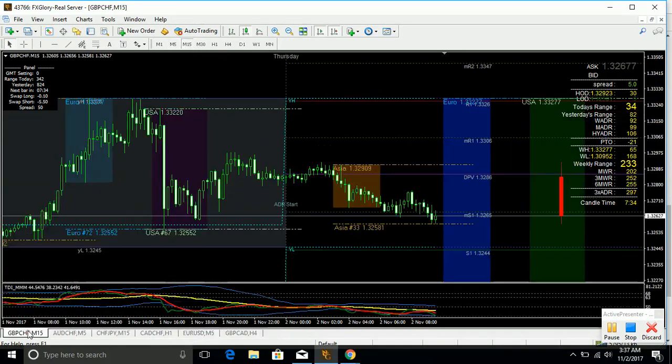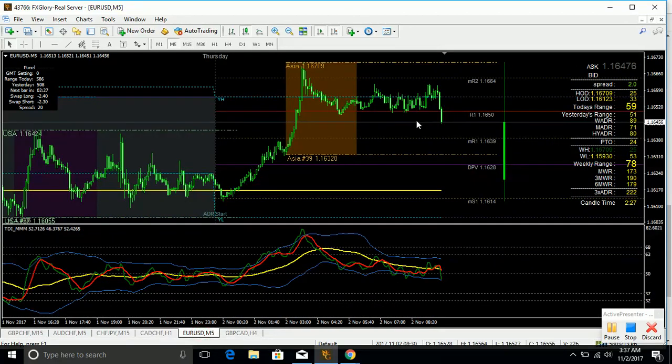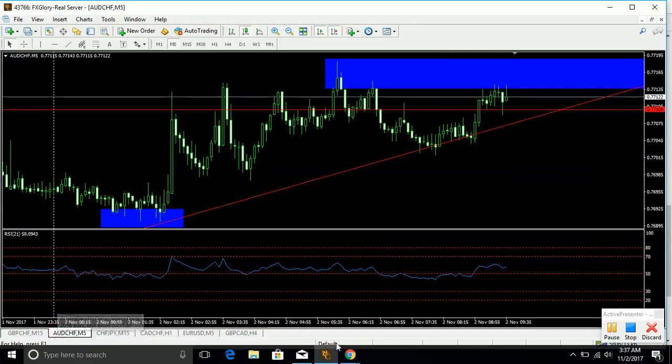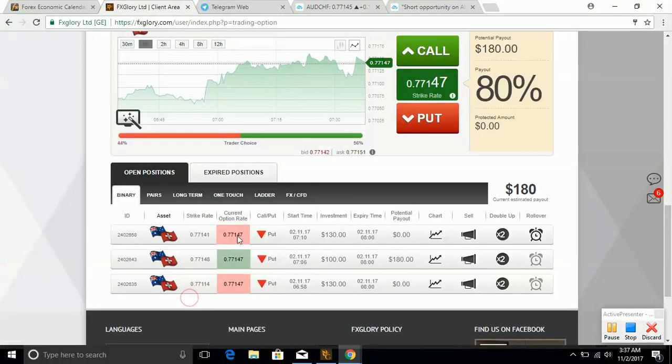All right. Now I went ahead and exited the Euro USD trade. Here's our pound CHF. We still have 15 minutes here on this particular trade.